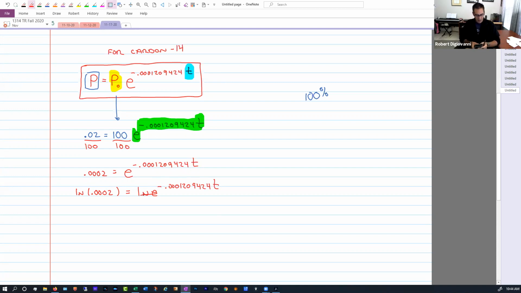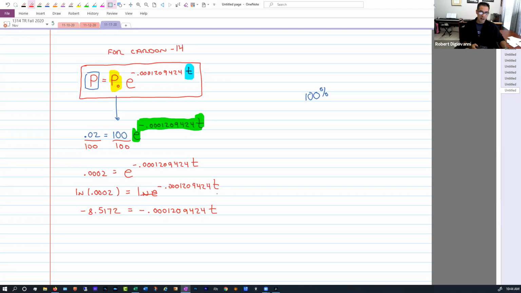On the left-hand side, I got to get on my calculator and do this. I get negative 8.5172 equals, now on the right side, everything goes away except all that stuff that was up top. See, we're just using uglier numbers, but it's still the same procedure.